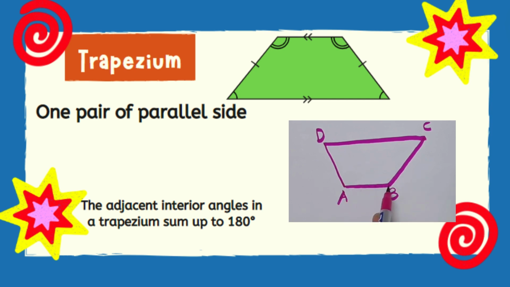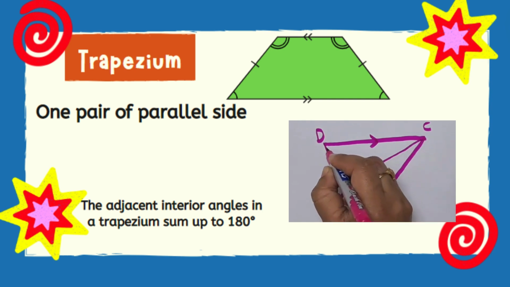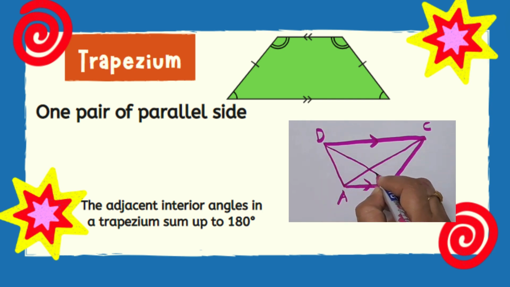So side AB is parallel to side CD. It has two diagonals.